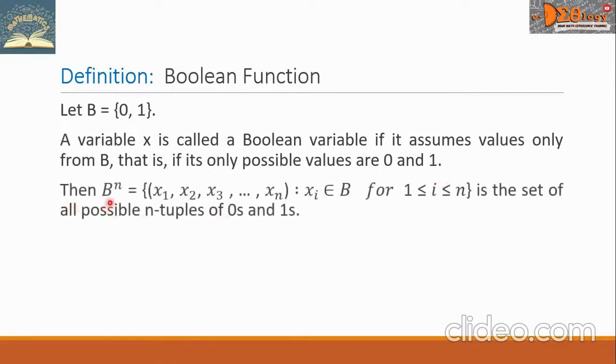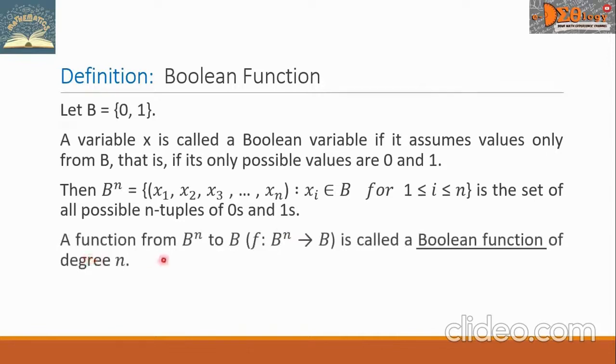Then B to the power n equals the set of (x sub 1, x sub 2, x sub 3, up to x sub n) such that x sub i is an element of B, for i between 1 and n, is the set of all possible n-tuples of zeros and ones.